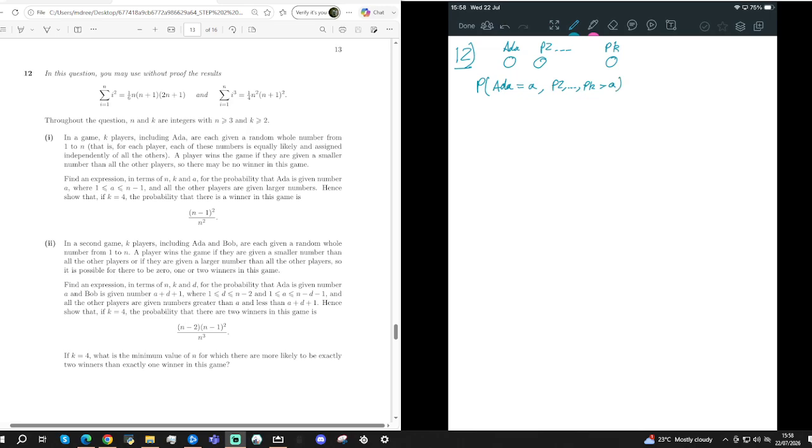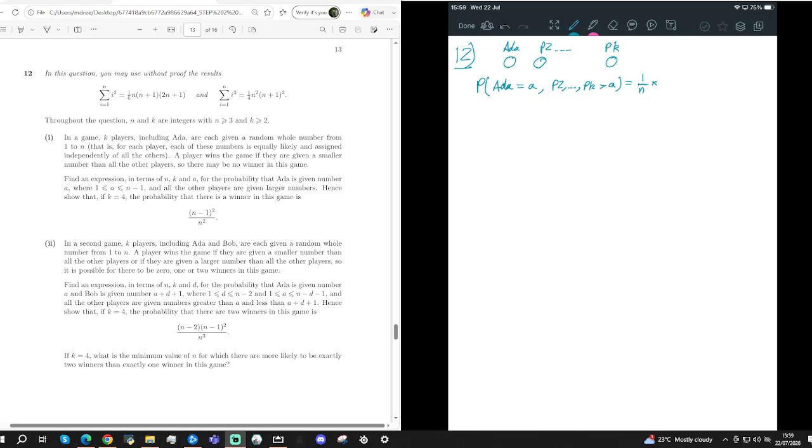So in this case, Ada would win. She would win with the value of a because everyone else is larger. Well, the probability that Ada got exactly the value a is 1 over n. There were n possibilities for her to get. a is only one particular value.